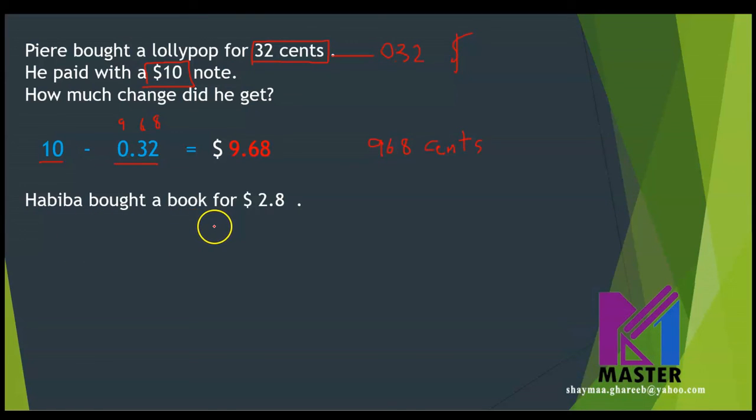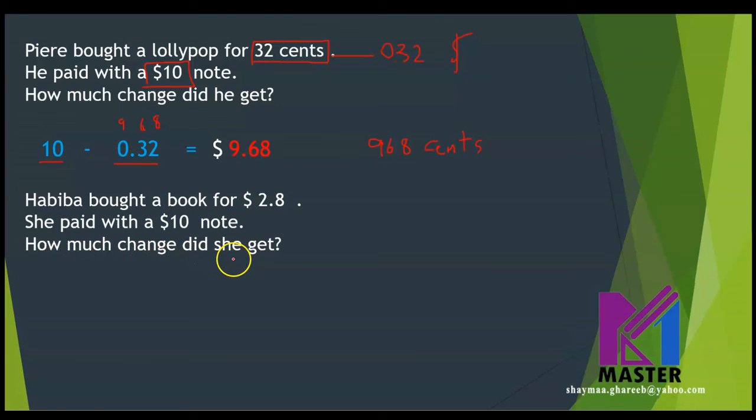Habiba bought a book for $2.8. She paid with a $10 note. How much change did she get? In this example, both amounts of money have the same unit. So I will do the subtraction normally. 10 minus 2.8.